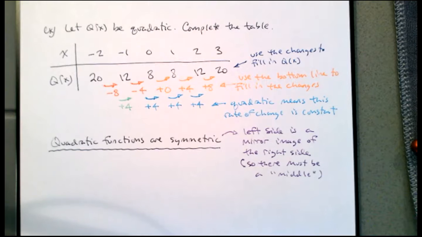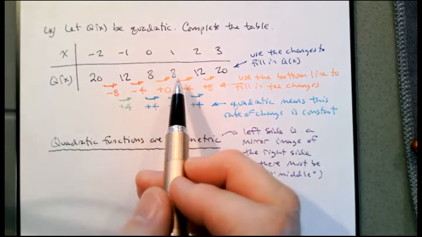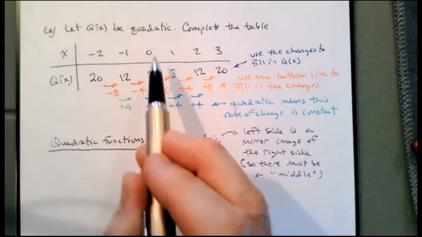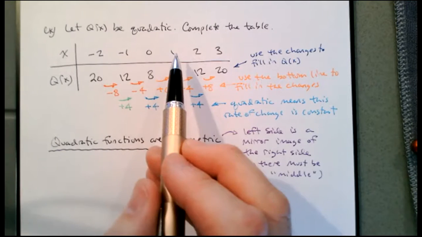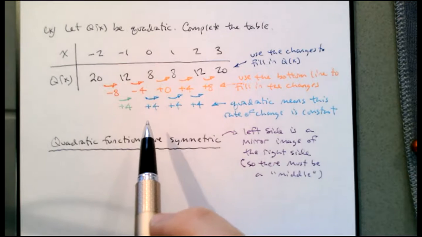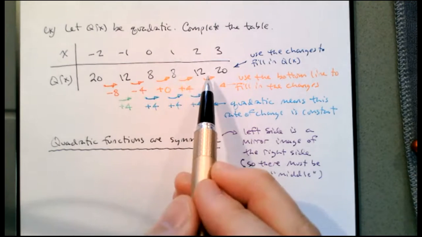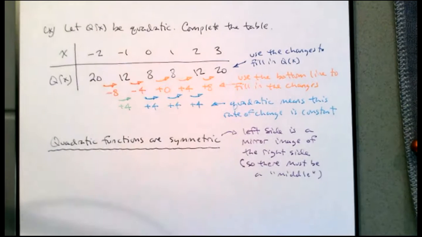We saw the symmetry in the numbers in all the examples that we've had so far. So here we have 8 on 2 sides of some middle. We don't see where the middle is. We don't see where it bottoms out. But somewhere between 0 and 1 is the middle, because at 0 and at 1, we're at the same level. At -1 and 2, we're at the same level. At -2 and 3, we're at the same level with the 20.